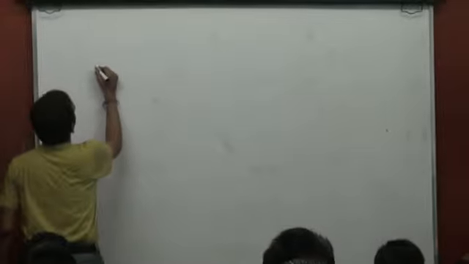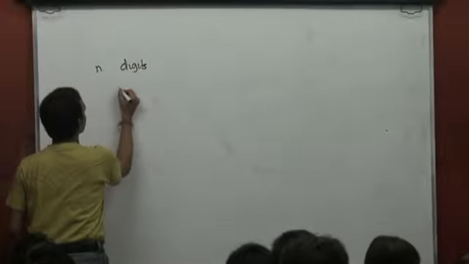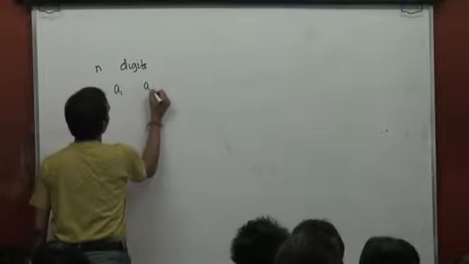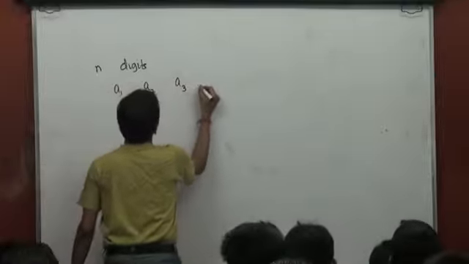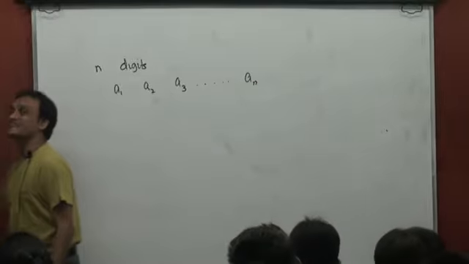Now, say I give you n digits. A1, A2, A3, AN. These are n digits.